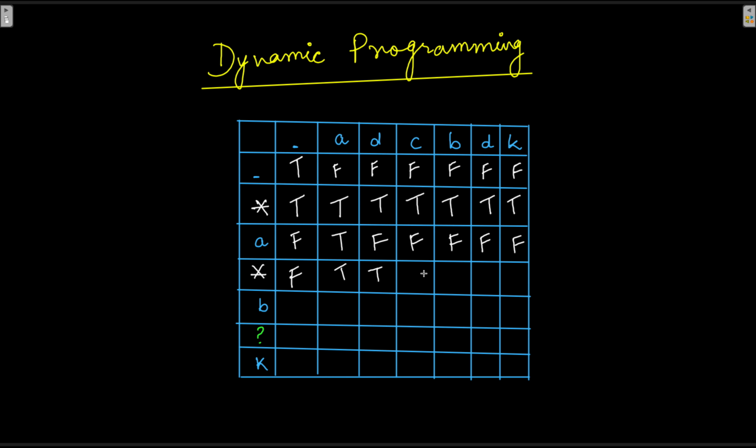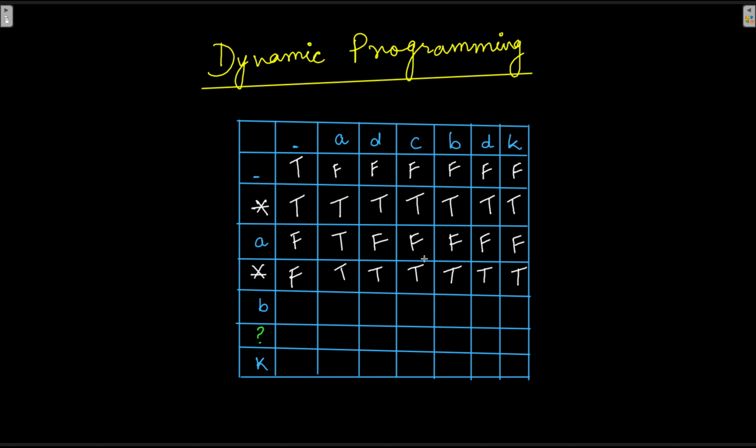Now let's go back to our table. So C is also going to be T with the same reasoning. In the previous row, we go and check whether there was a T value present or not. If there was, then we write a T, T, T, and T. So there is a shortcut as well. Rather than checking all the columns in the previous row, what we could do is we could just go to the row above in the same column.